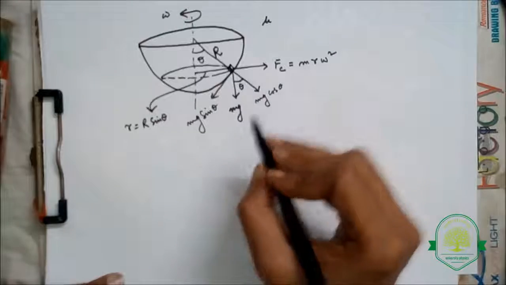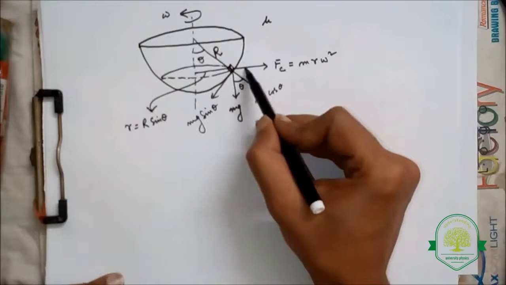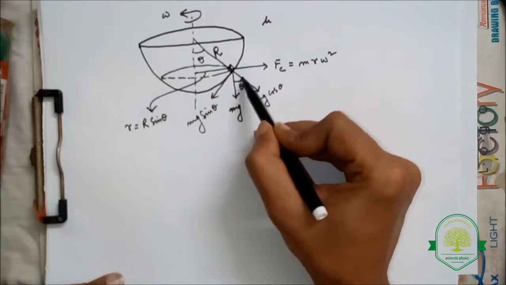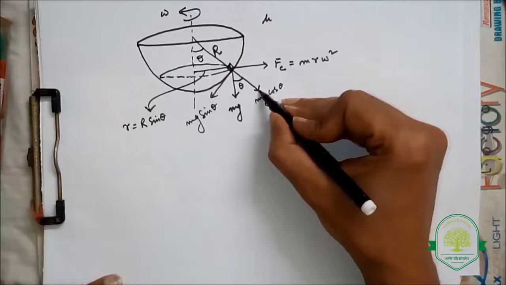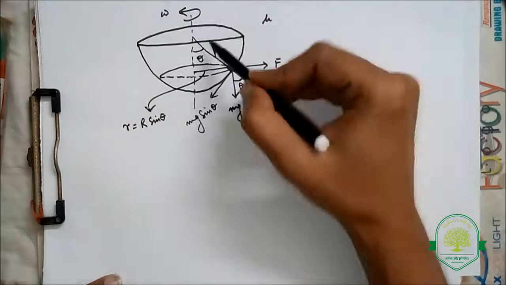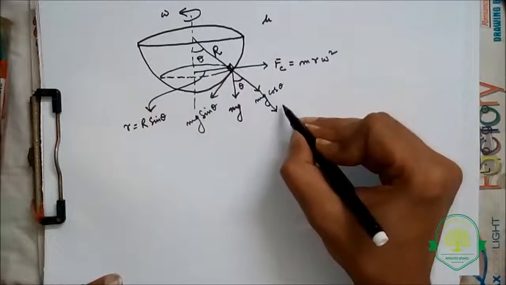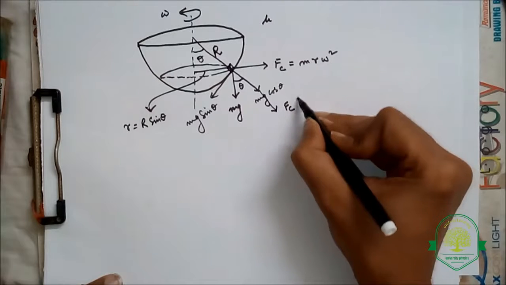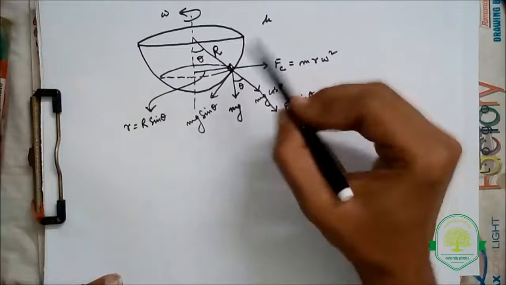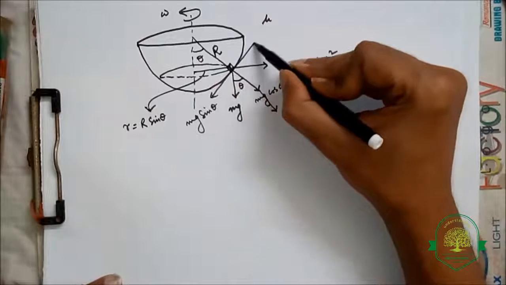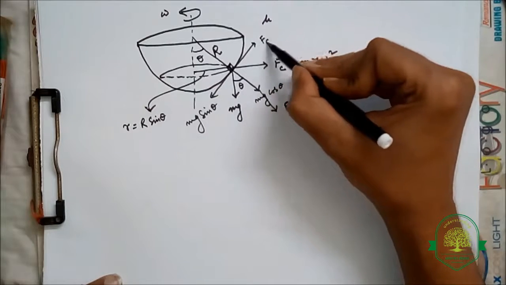So first of all, let us see that this angle is 90 minus theta. So if I resolve the centrifugal force along this line, I'll get the sine component, just because this is 90 minus theta, and along this direction I'll get the cos component.